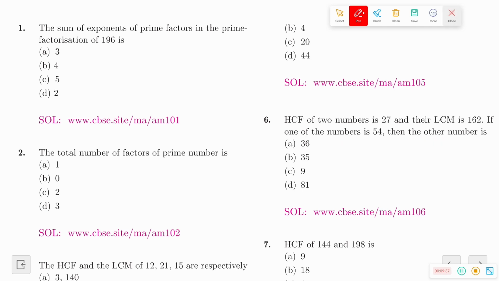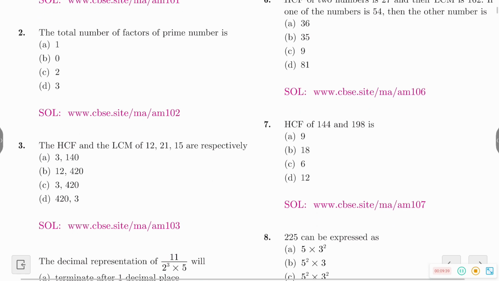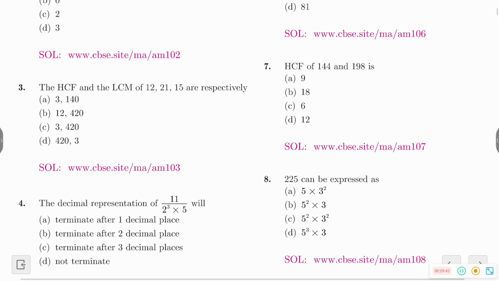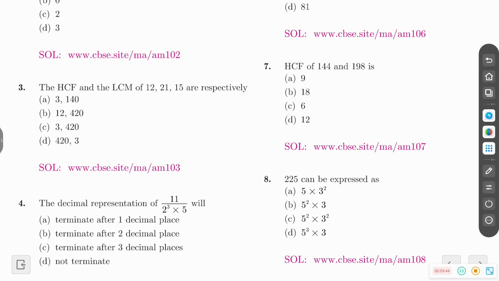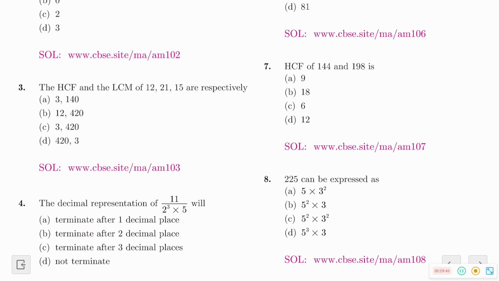Now the next question is to find the HCF of 144 and 198. Here again you can follow prime factorization or the division method, any method, because it is objective. I am going with prime factorization: 2 into 72, 2 into 36, 2 into 18, 2 into 9, 3 into 3.